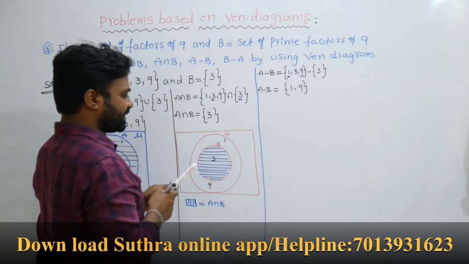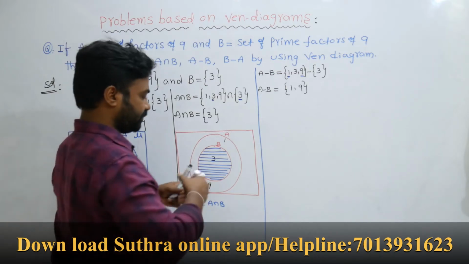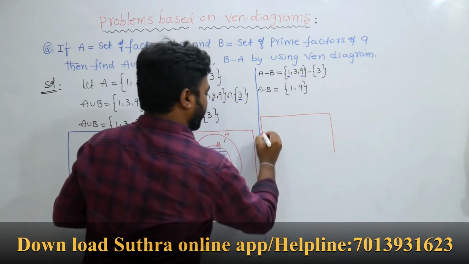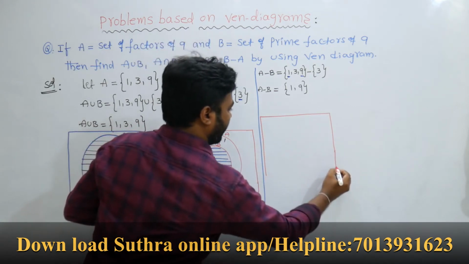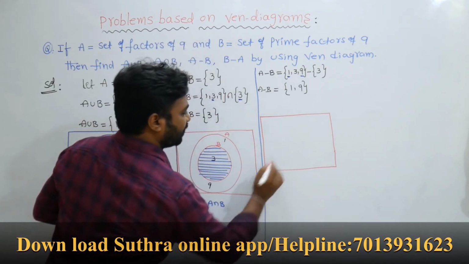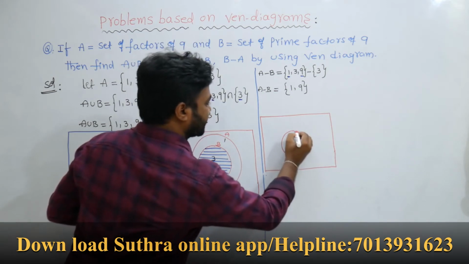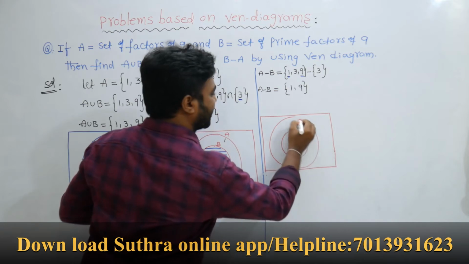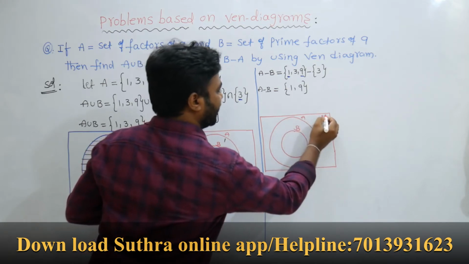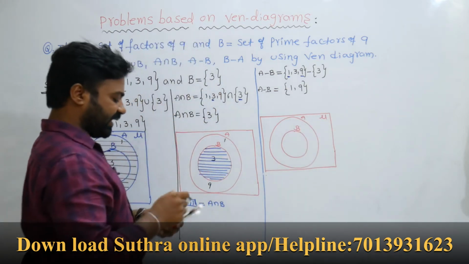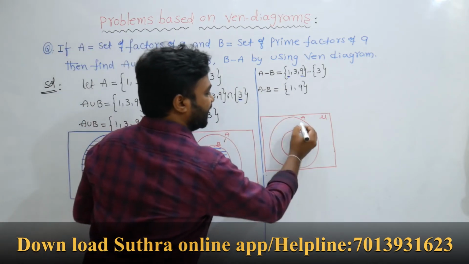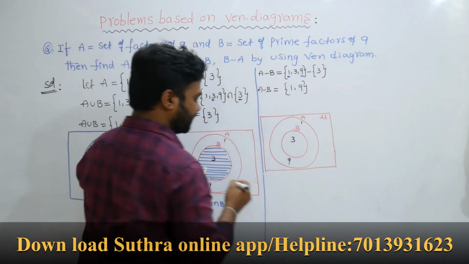Here we should draw the Venn diagram for A minus B. Now this set is B set, and this one is A set, and this is mu. Now the elements: in set B, 3, and in set A, 1 and 9.